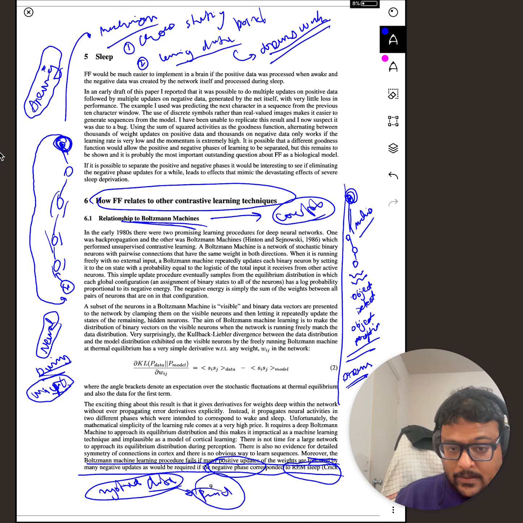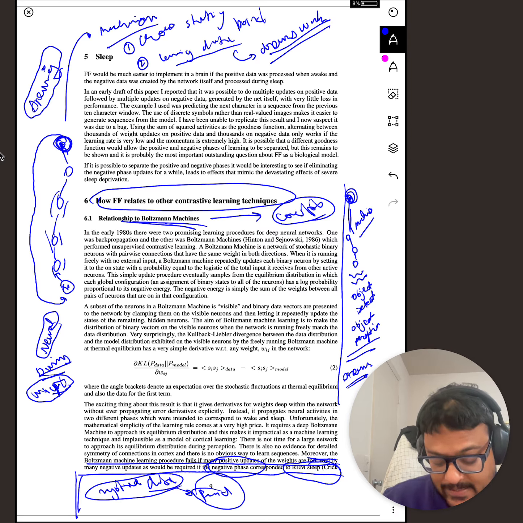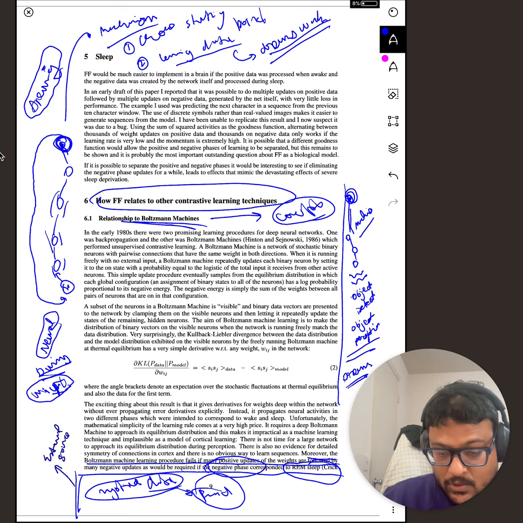So he's saying that the negative phase of updates in the network is equivalent to that. Now the key point is that in forward-forward he's relying on an external source of negative data, and it is not clear how you would get such a source of negative data when you are sleeping.